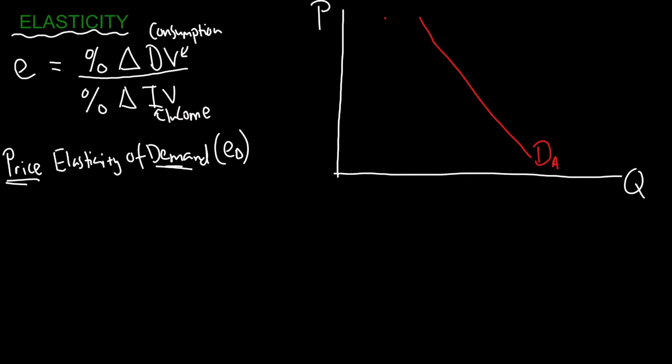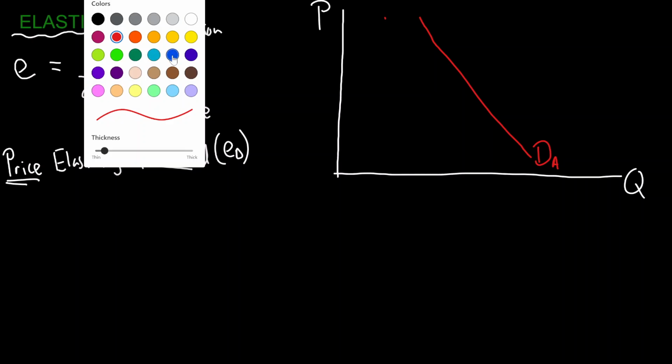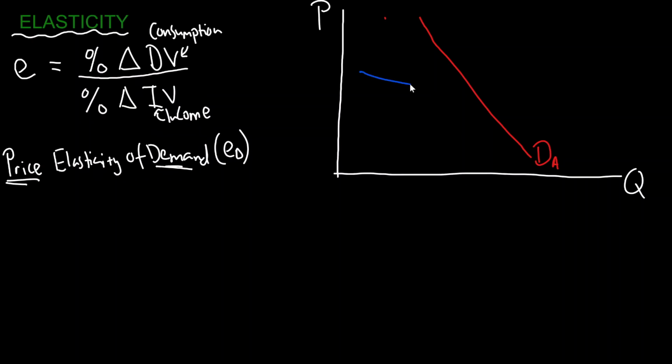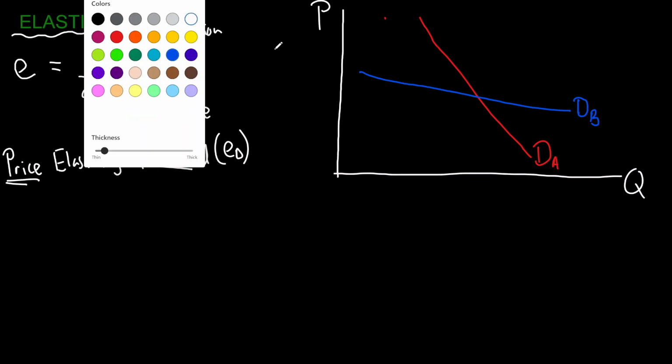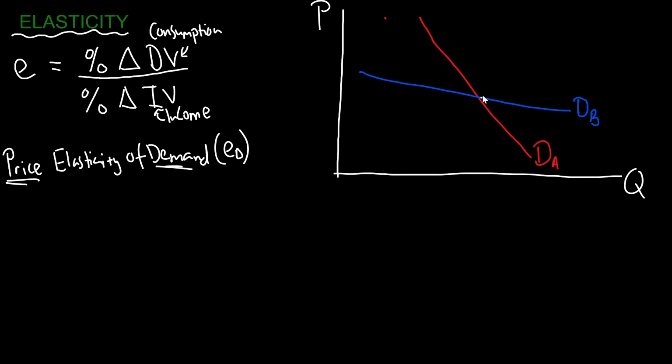I'm going to draw another one. Let me use a blue color, and I'm going to make it relatively flat. I'm going to call this one the demand for a product B. So these are two demand curves which I've simply put on the same graph. Where they meet here, I'm just saying they are going to start off at the same price of 100.